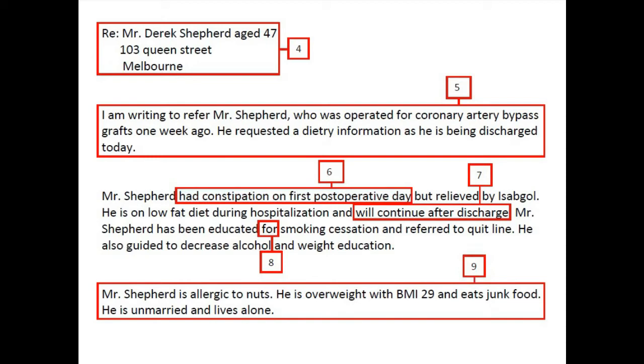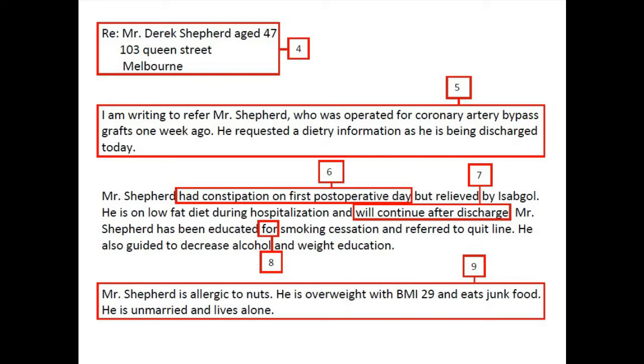Where will continue after discharge is wrong and instead you have to write will have to continue after discharge. The last portion of the paragraph says Mr. Shepherd has been educated for smoking cessation and referred to quit line. He also guided to decrease alcohol and weight education. Where for smoking cessation is wrong and should be replaced with about smoking cessation.